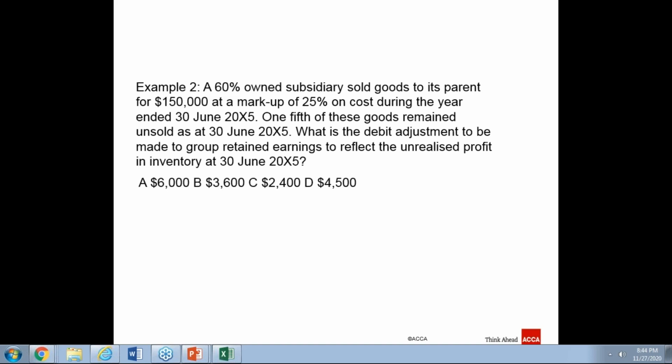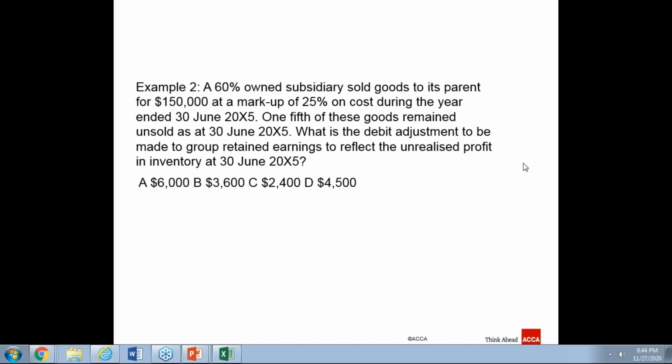But because the subsidiary company has sold goods to the parent company, we have to make an adjustment of 60% of this value. So the right answer for this case will be B. Very good. So the right answer is B.